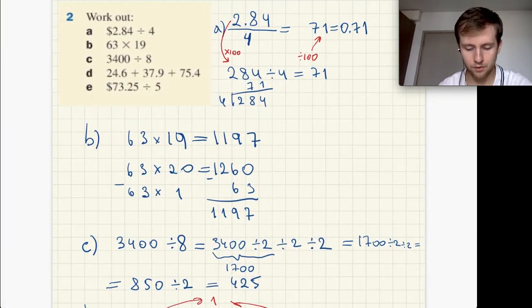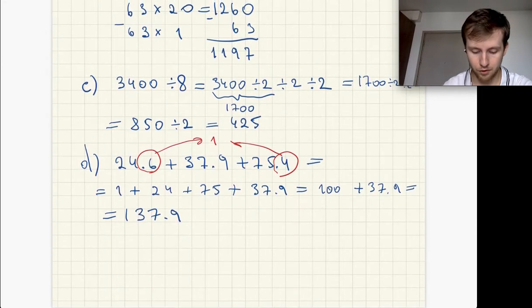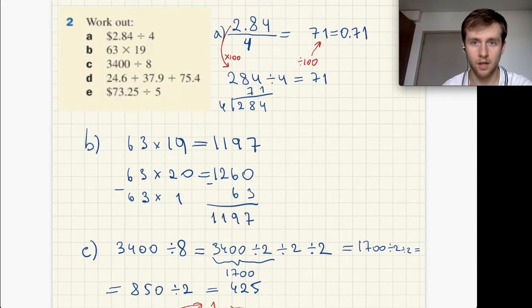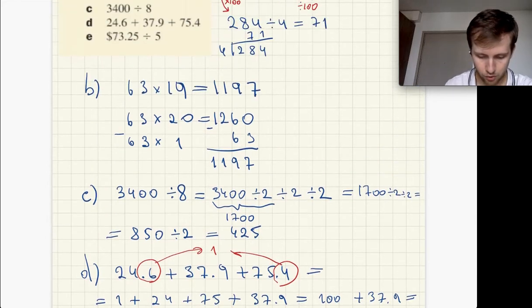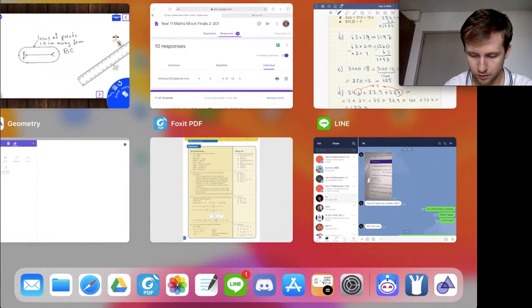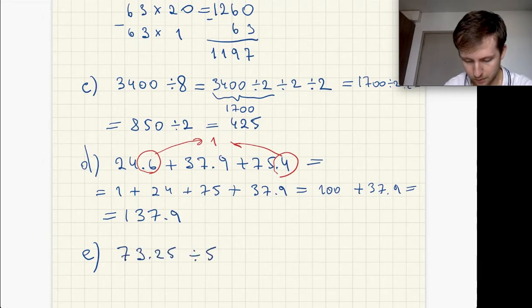And what else do we have? We have division here again. Division by 5. Oh, I know why it's division by 5. Because division by 5 is actually the same thing as multiplying by 2 and then dividing by 10. So in E we have 73.25 divided by 5.